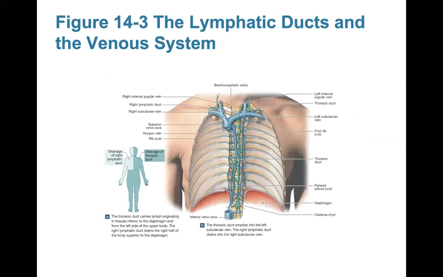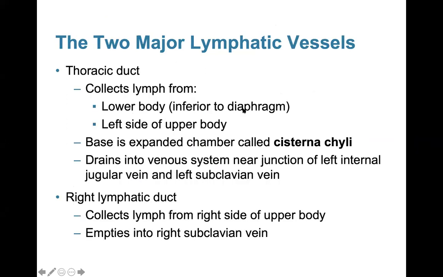And here you can see those main ducts right here and here. The thoracic duct will collect lymph from the lower body, inferior to the diaphragm, and the left side of the upper body. The right lymphatic duct just collects the right upper side of the body, and it empties into the right subclavian. By the way, I'm sorry, the thoracic duct will also empty into the left subclavian.